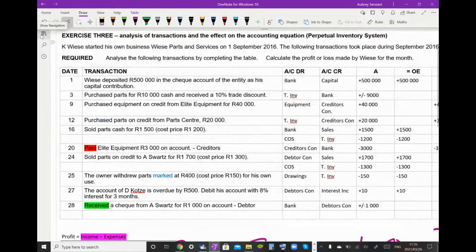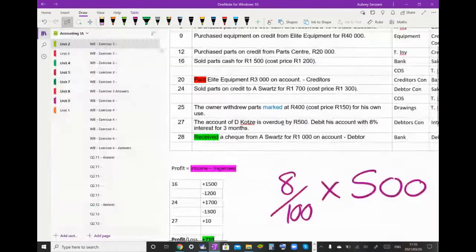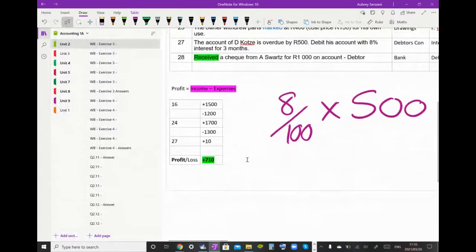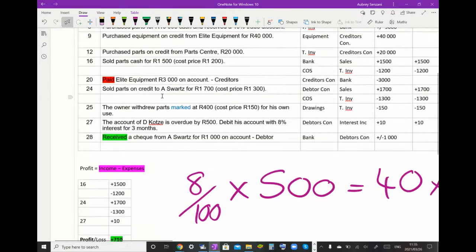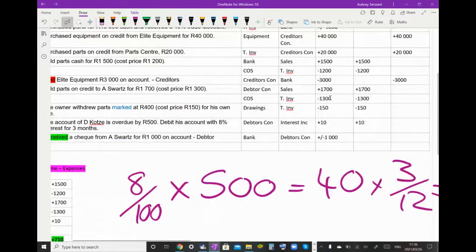Did we add the transaction on the 28th? No, we didn't. Ask me why. We sold to him on credit, but can you see that we recorded the sale? So we added the income of 1,700 on owner's equity.